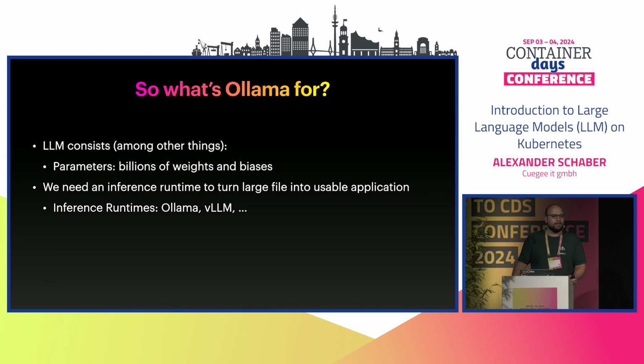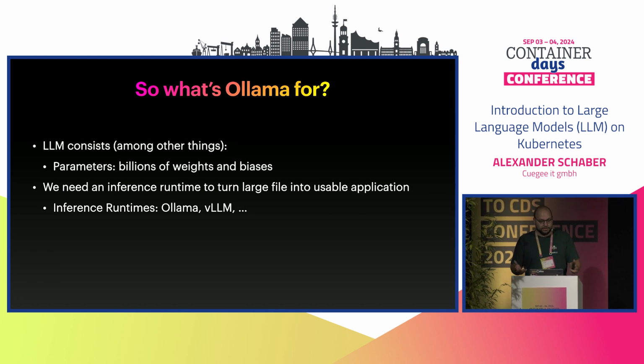But so why did I slide Ollama in there? I'm talking about large language models. I used Ollama. What is Ollama for? So the LLM, among other things, consists of the parameters, and that's the file I downloaded, or one of the files I downloaded. And it's billions of weights and biases is what it's called. But that's just a big old file. I cannot execute that file by itself.